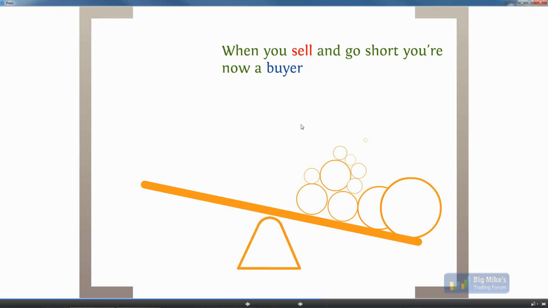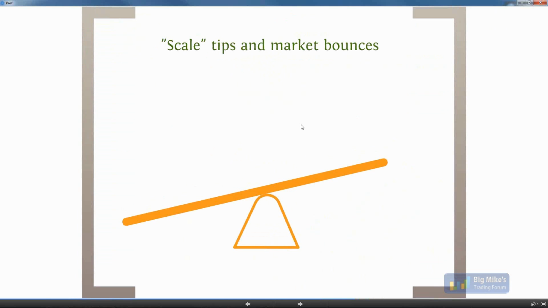And so when you get that big guy come in, like here, and I'll show it again, when you get this big guy that tips the scale, you also end up getting some littler guys come in, sell it, sell it, sell it. And all of a sudden, price doesn't go. What tips and forces the market to bounce?